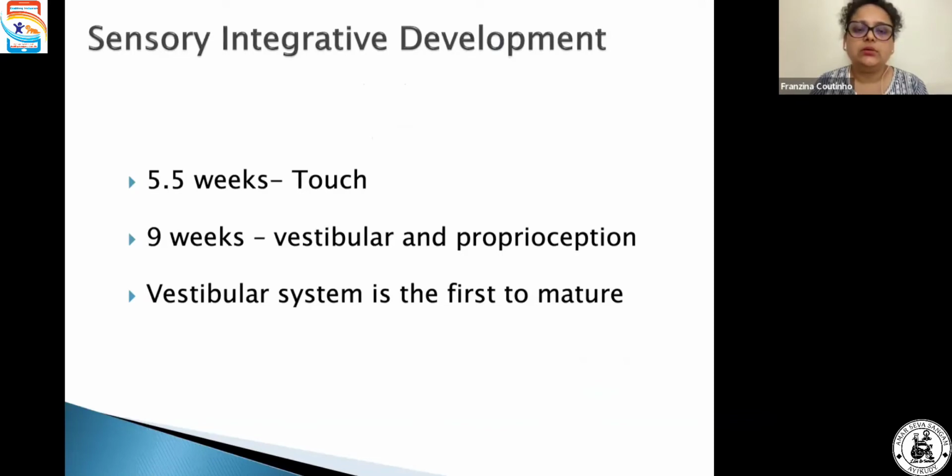Okay, now in utero, why or when do you think the vestibular system might be impacted in the fetus? Can you put it in the chat box? Think about complications during pregnancy, and when do you think the vestibular system could be impacted?